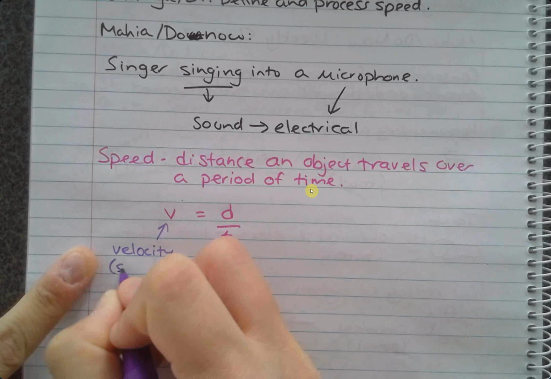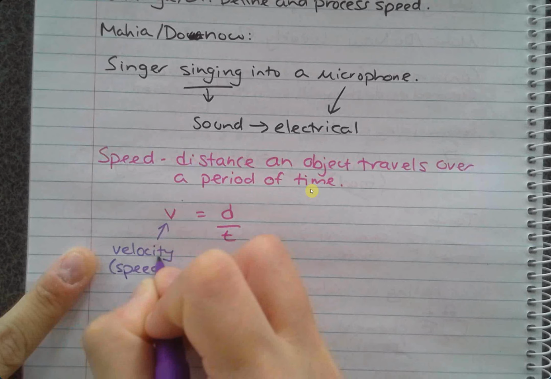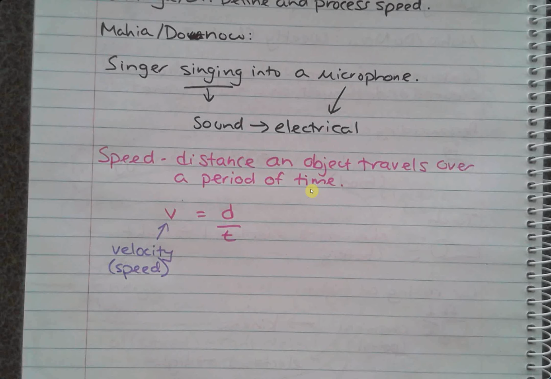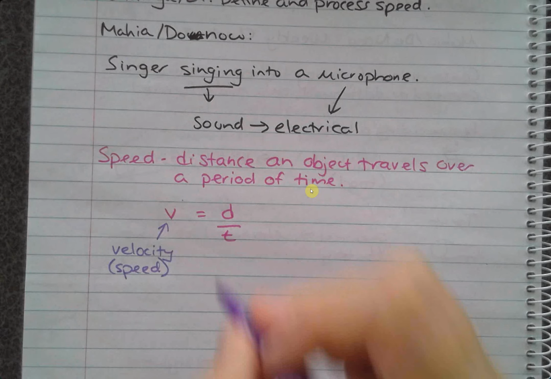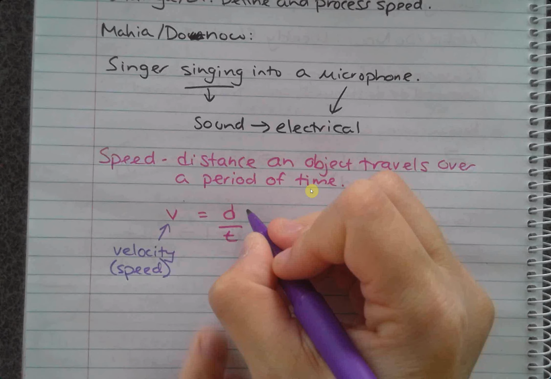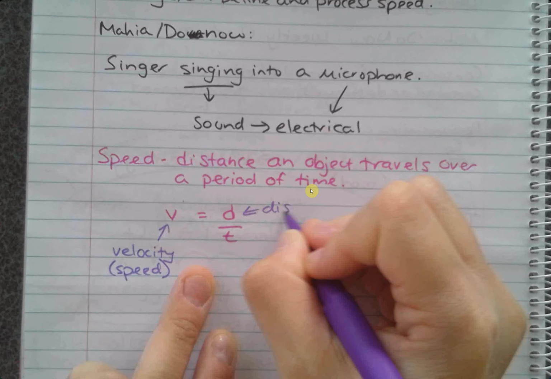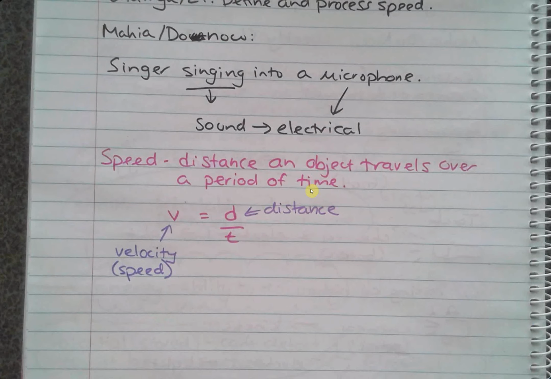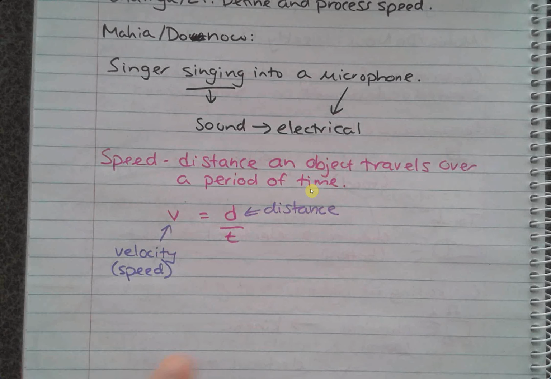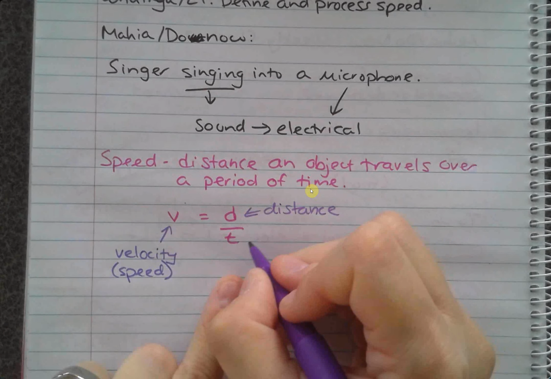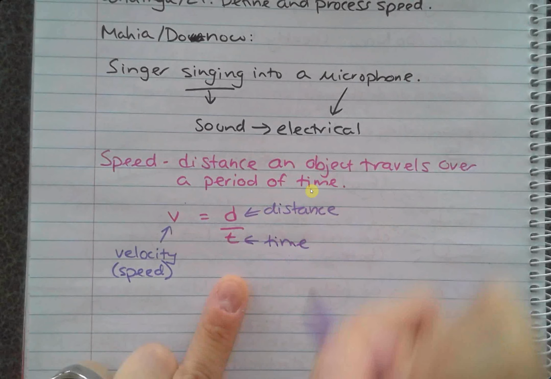Velocity is also referred to as speed. So velocity is just speed in a certain direction. Now, in order to get speed, I need to figure out what my distance is. And I need to divide that by the time it took to travel that distance.